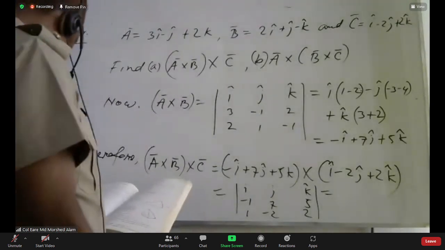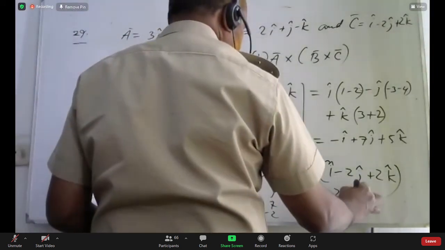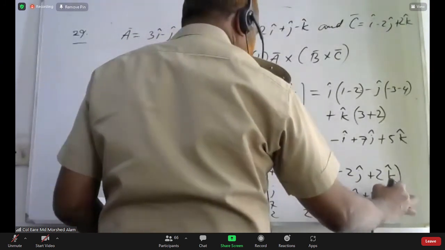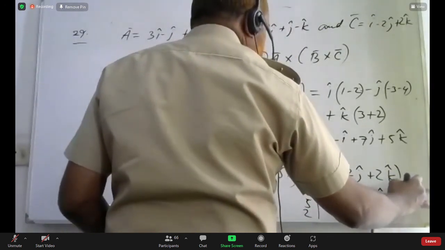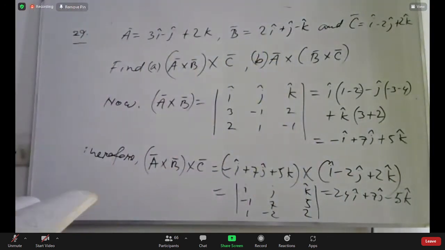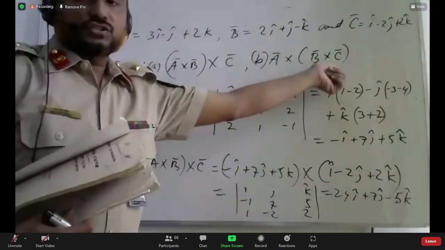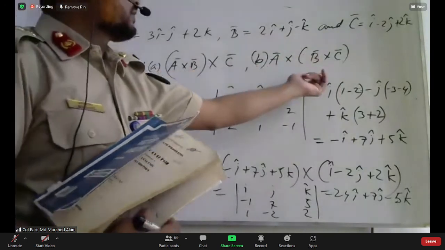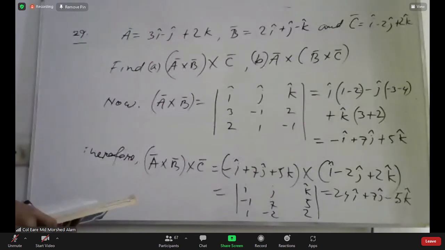If you simplify, then you will get 24i, 7j, minus 5k. Okay. So in this way you solve B also. For B, what you do? You find out B cross C first. Understood? And then you will find out A cross B cross C. And then you will simplify the previous one.